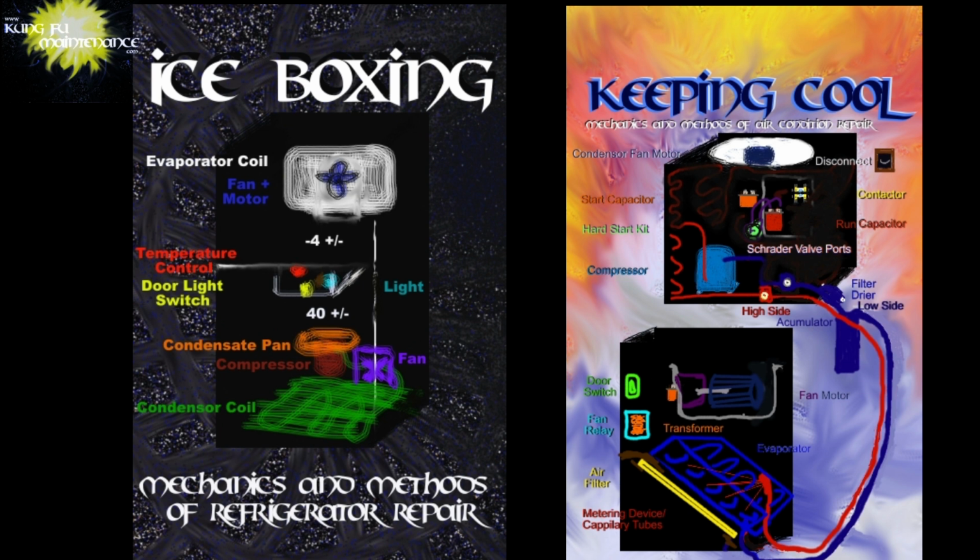And it uses door dampers and separate thermostats or temperature control switches to condition the different spaces to different temperatures. They're just different rooms, basically. The refrigerator and the freezer.